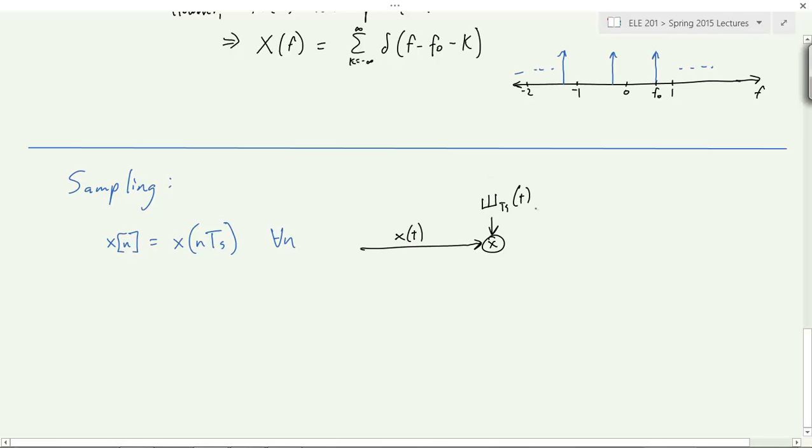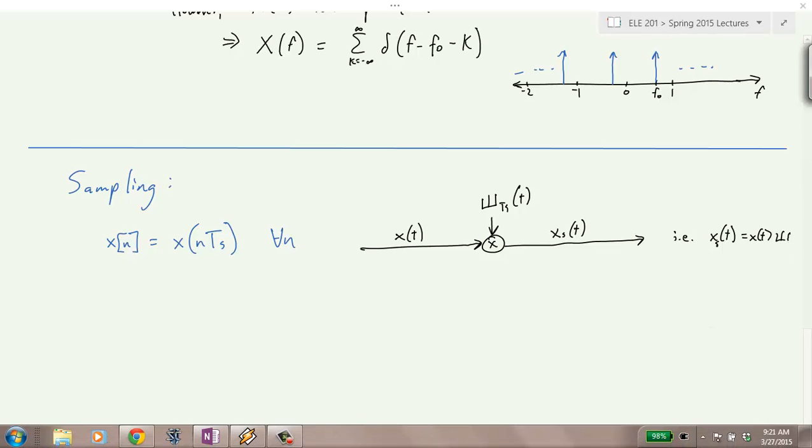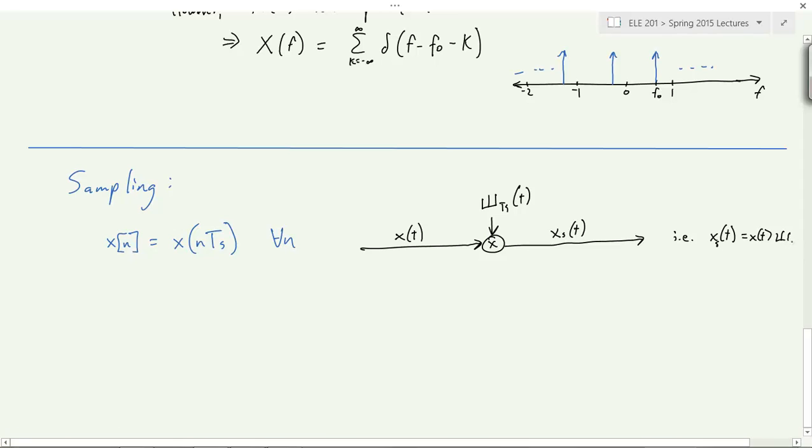Okay, so that represents a multiplication, and what comes out, we'll call the sampled continuous time signal. So this notation just simply means that x sampled of t equals x of t times this sha. Okay, that's what we mean here.